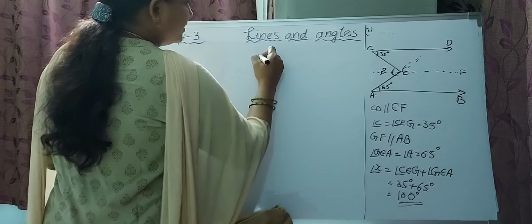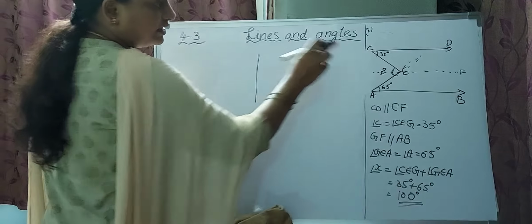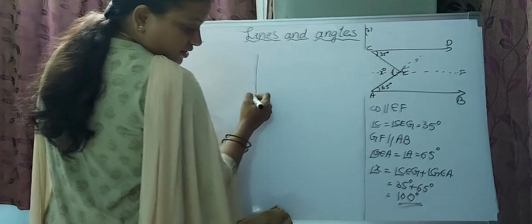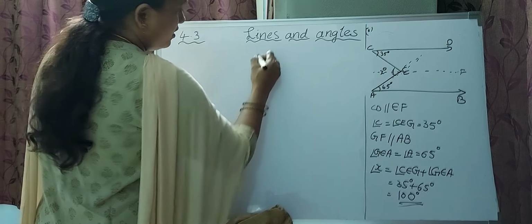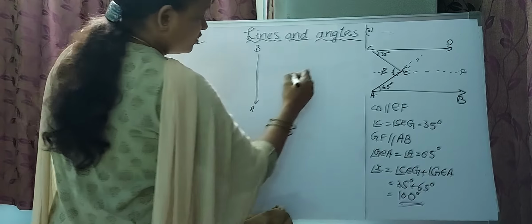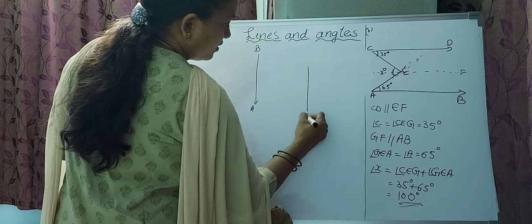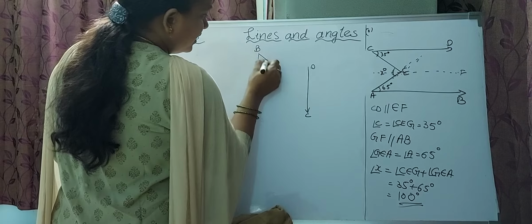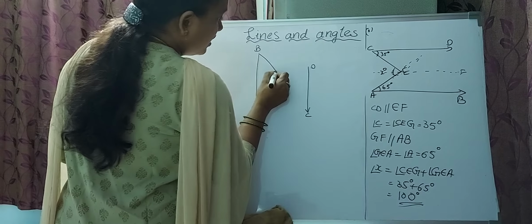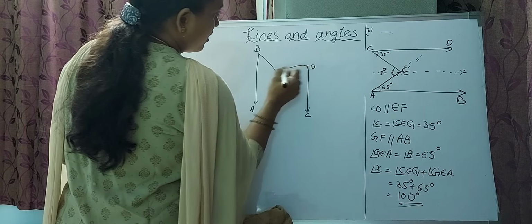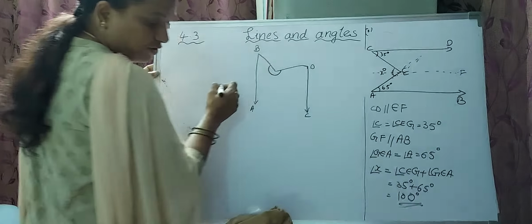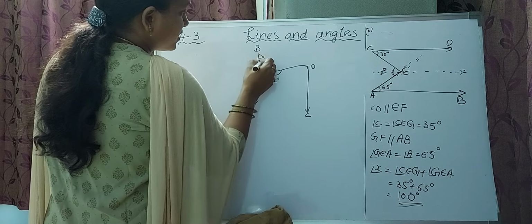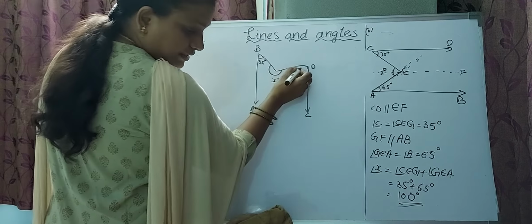Next one, simply he turned the same figure like this. Again, this is AB. AB is parallel to CD, and here one angle, and this angle you have to find out, that is X degrees, and this one 35 degrees, and this one 75 degrees.